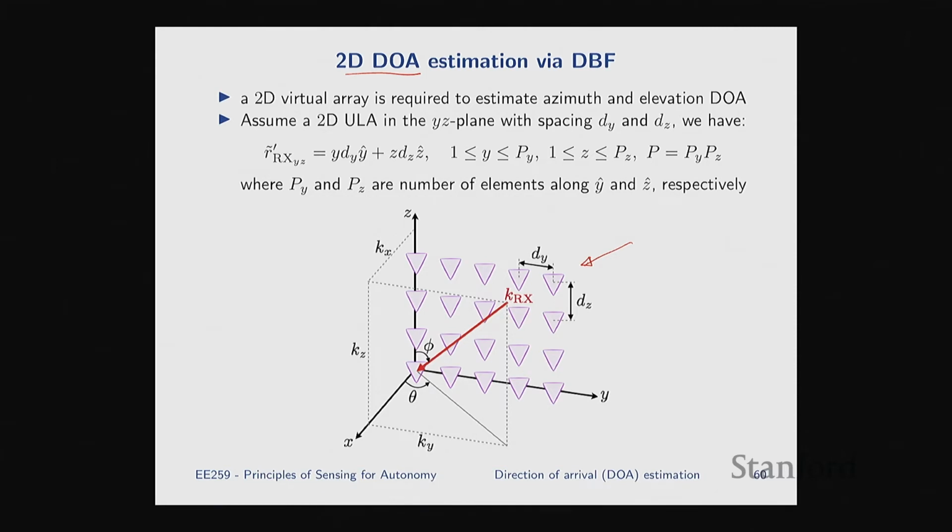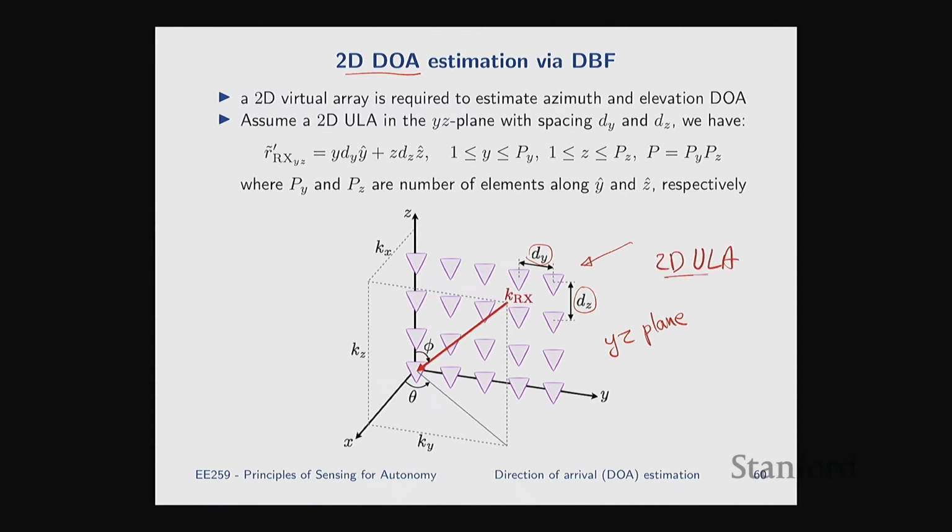Say your antenna elements, or virtual antenna elements in this case, are in the YZ plane. In the y-axis, they're d sub y apart, and in the z-axis, they're d sub z apart. So that's a 2D ULA.